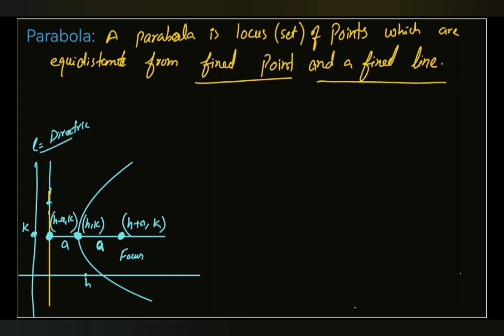Okay, we take an arbitrary point on the parabola as P, with coordinates (x, y). Let's take any point, not the center point. Then we also take another point on the directrix line.